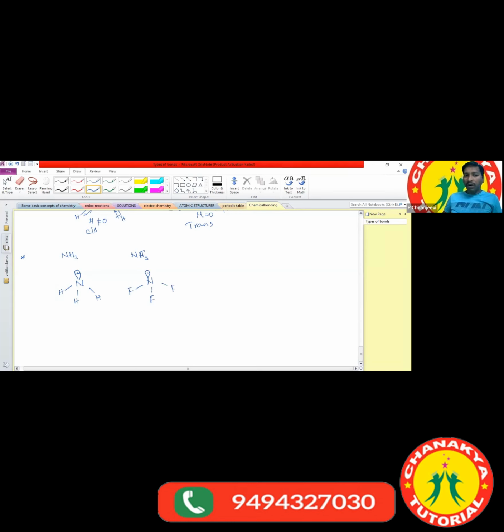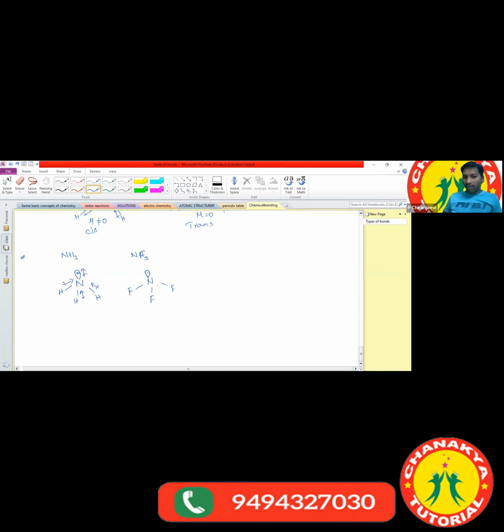Now if you compare hydrogen and nitrogen, nitrogen is more electronegative, here also nitrogen is more electronegative. And the lone pair of electrons is also electronegative.